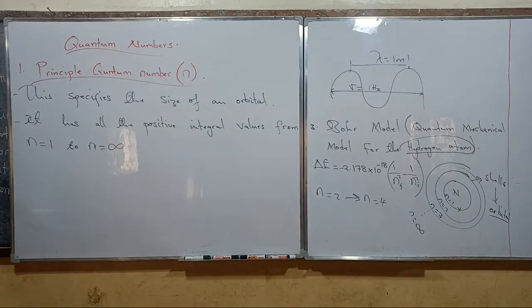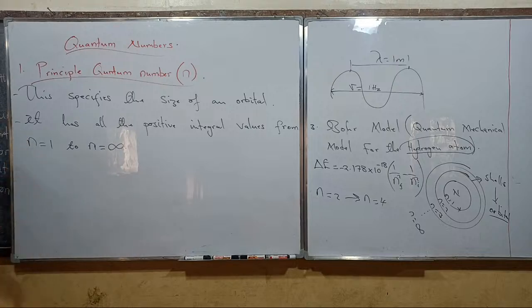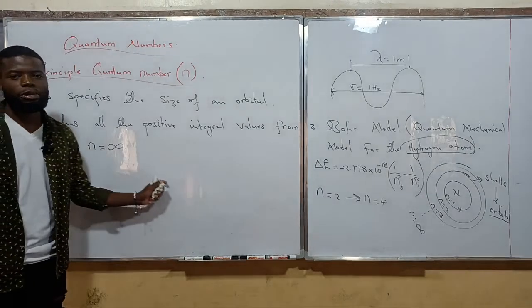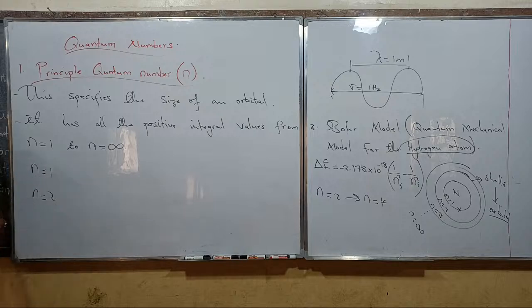So the principal quantum number can be n equals 1, n equals 2, 3, 4, 5, going up to what? Up to infinity.